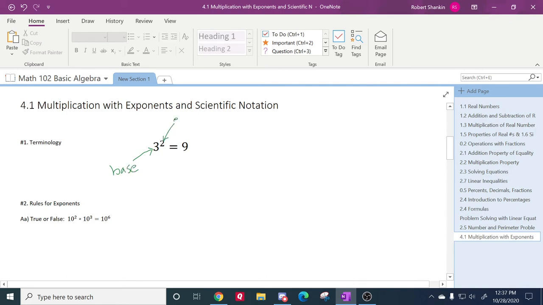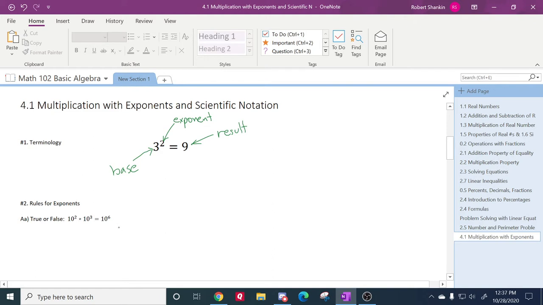Call this the exponent. And this the result. Then we're going to go to the rules for exponents.